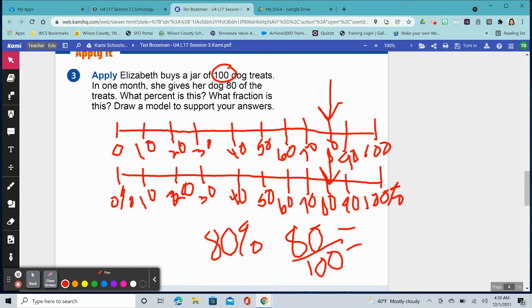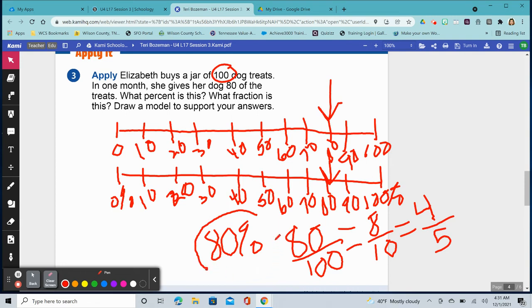And this can simplify to 8/10 and then even further, right? Because they're both divisible by 2. So we have 4/5. So we have 80% of the treats.